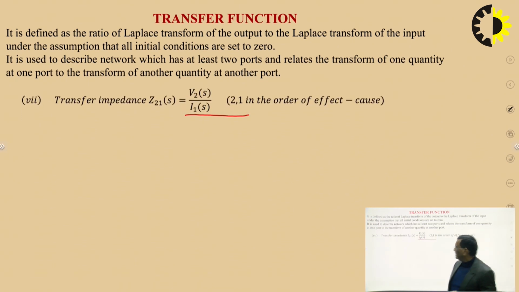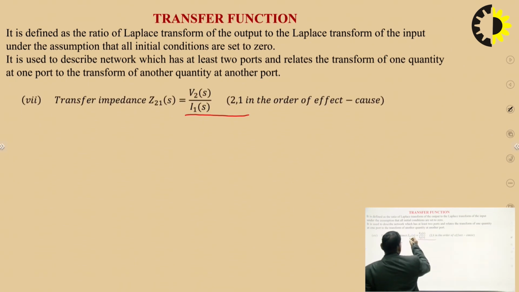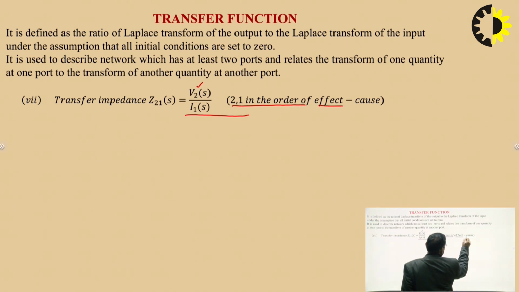So transfer impedance is Z21(s). So it is impedance, the ratio of voltage to current, and voltage of which port? Voltage of port 2, the output port, and current of the input port. So here 2 and 1 are written in the order of effect and cause.